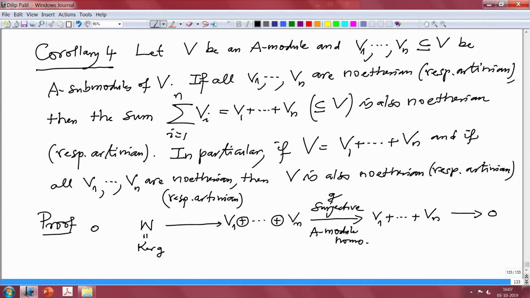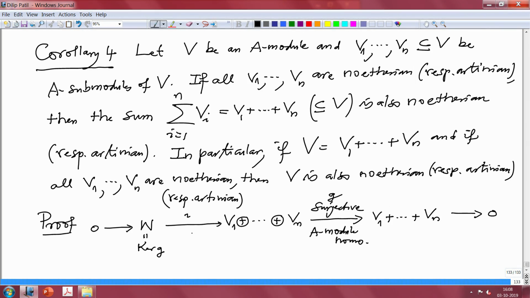So I can put this arrow as the natural inclusion map, and therefore I can put 0 here. Now the image of the iota map is kernel G, therefore this sequence is exact.